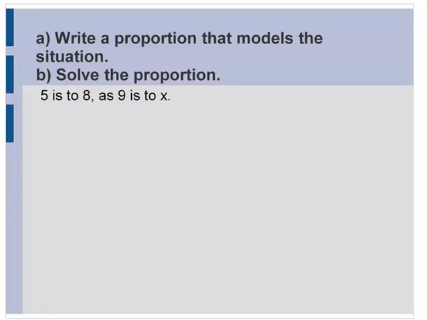Get a little practice writing proportions and solving them. So for example, we were asked to write a proportion that models the situation and then to solve the proportion. We're told that 5 is to 8 as 9 is to x. To write this as a proportion, 5 is to 8 as 9 is to x.